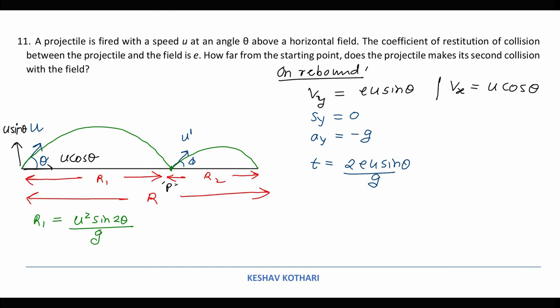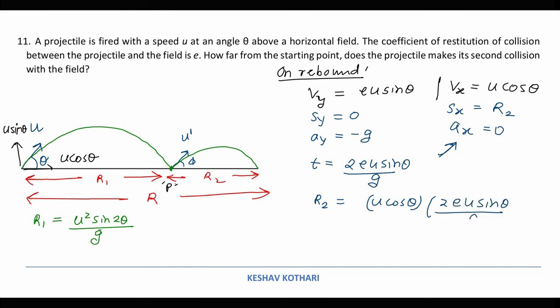Now solving along the x-axis, displacement along the x-axis is R2, acceleration along the x-axis is 0, and we connect the two expressions with time. So displacement along the x-axis, that is R2, will be written as u cos theta into time t, that is 2 e u sine theta by g. So the expression is modified to e u square sine 2 theta by g.